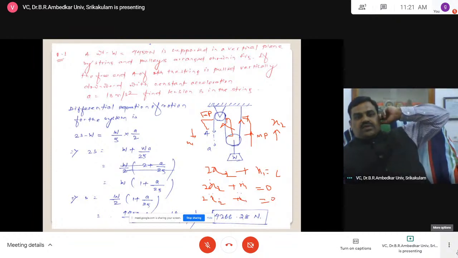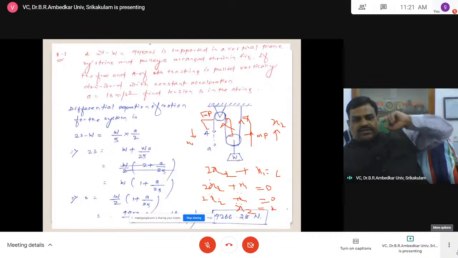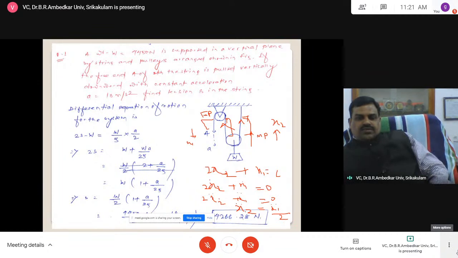From this, x2 double dot, the acceleration, is equal to x1 double dot divided by 2. What is the meaning of this? If the acceleration of this one is A, it is A by 2. That's what you can see here.